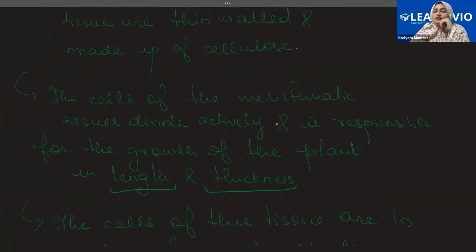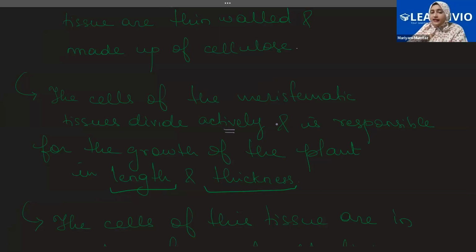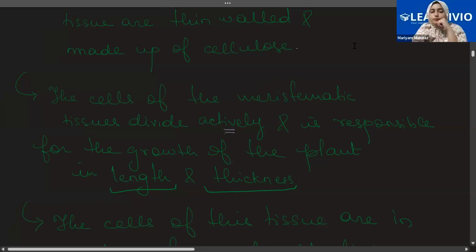So the cells of the meristematic tissues divide actively and they are responsible for the growth of the plant in terms of length and thickness. Meaning they help the plant to grow taller and to grow broader, to grow wide. So that is the function of the meristematic tissue.